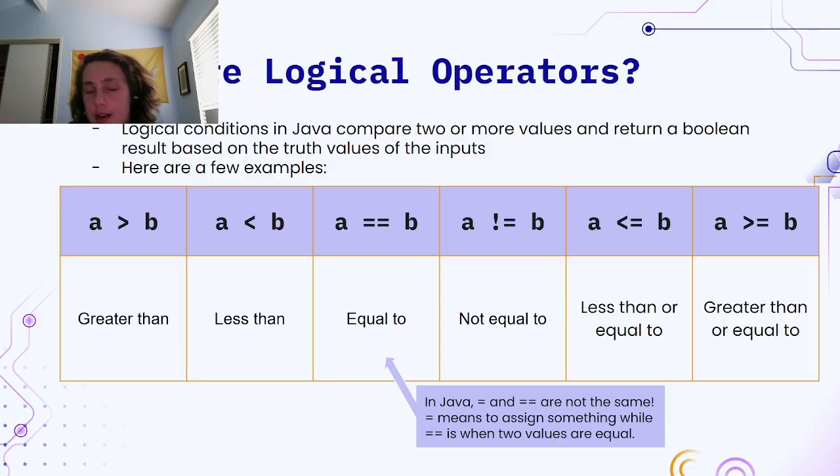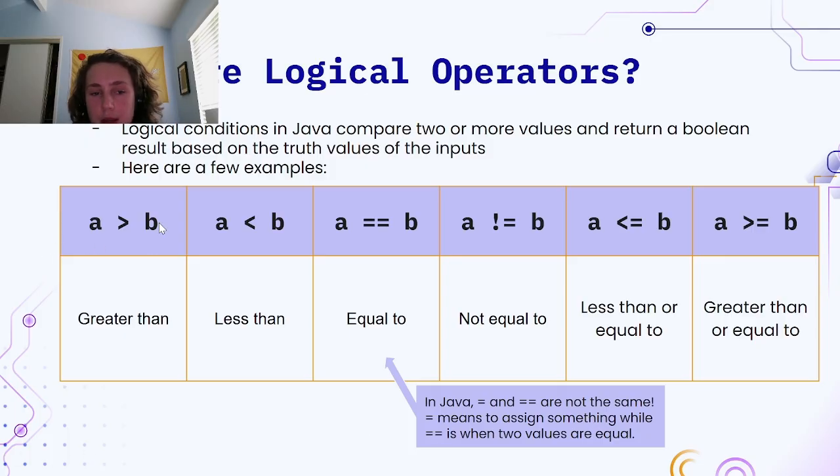That's a bit complicated to say, but presumably everyone here would know what a less than, a greater than, a less than or equal to, and a greater than or equal to mean.